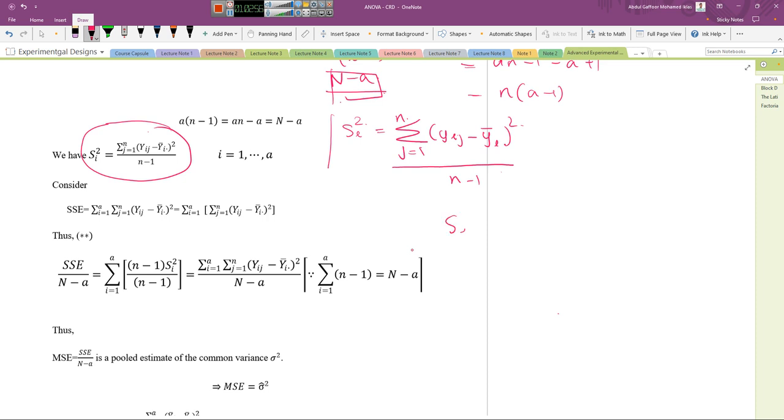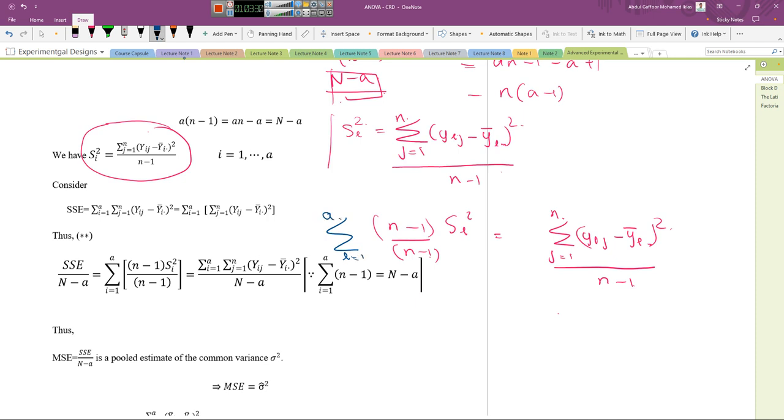Now S_i squared times (n minus 1) divided by (n minus 1), this will not change the value, is equal to summation j equals 1 to n (y_ij minus y_i dot bar) whole squared, divided by n minus 1. Now I will take summation i equals 1 to a, right?